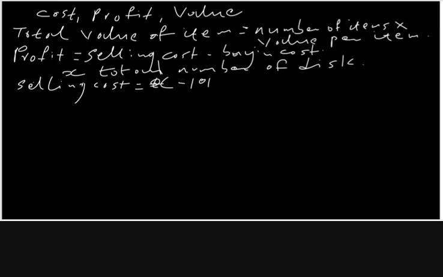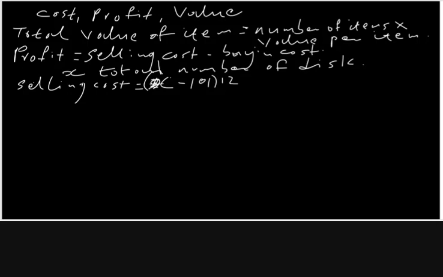At $12 each. So we're going to have this times 12. So this is the selling cost, X minus 19 times 12.